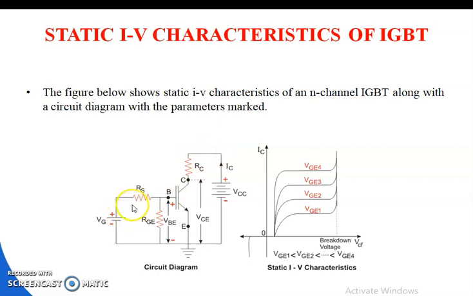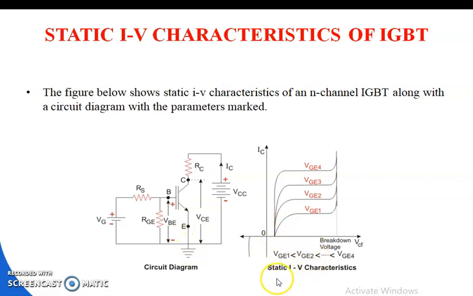VG is the external voltage, or gate voltage, given to the gate terminal, between the base and emitter terminals of the IGBT. This one shows the circuit diagram of the IGBT in which the emitter terminal is grounded.